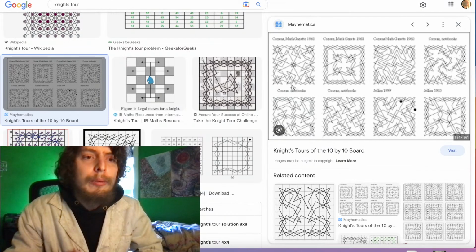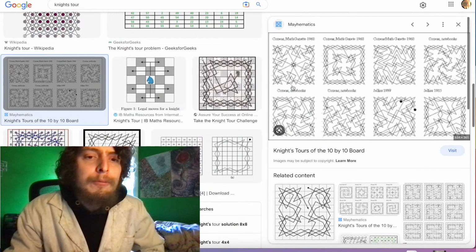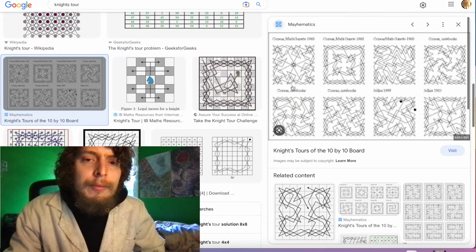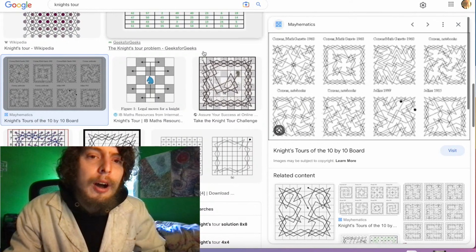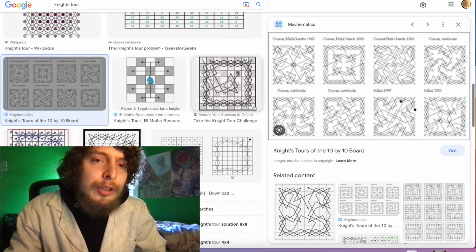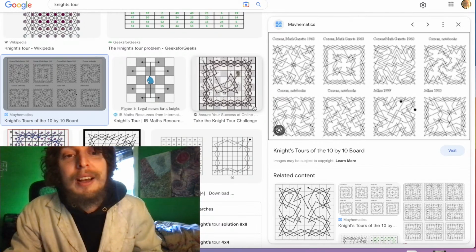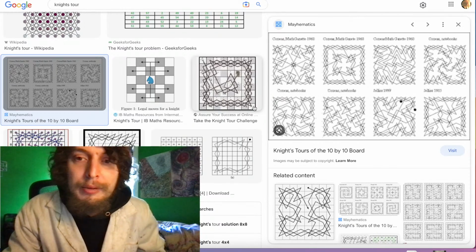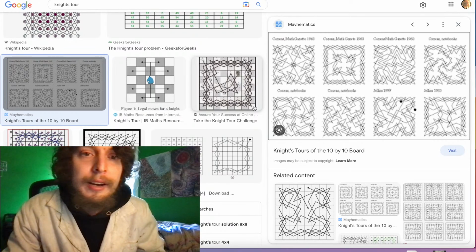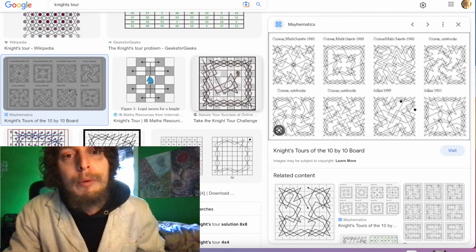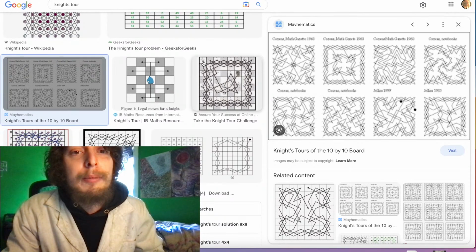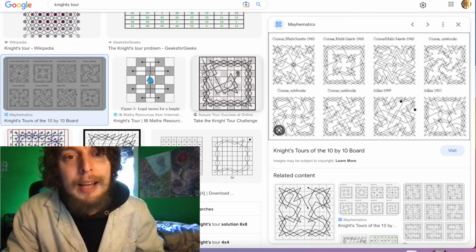Now, here's the thing, though. If I'm trying to start from, say, one corner and end up on the opposite corner as my last hop, that will be impossible. And that's because of what's called a parity argument, with the black and white having this even and odd-like phenomenon, where when there's an even amount of hops, you end up on the same color, because the knight always changes color.